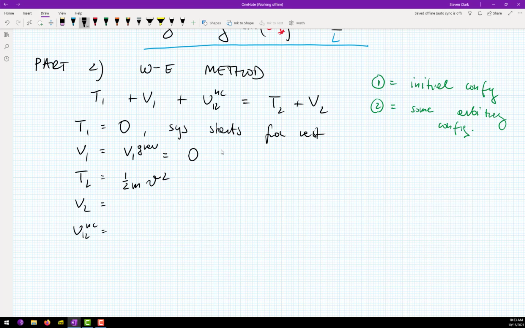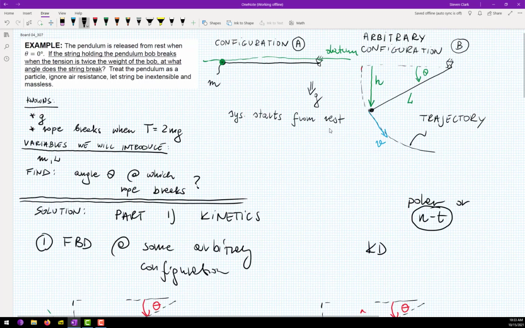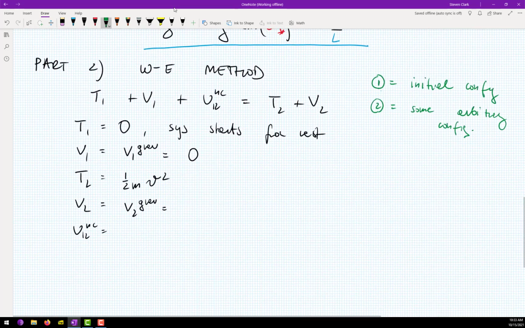And V2 will also have V2 due to gravity. There are no springs in the system, in other words. And I think that here our particle is below our datum. So what will be the potential energy of this particle? Great, awesome, you're one step ahead of me.